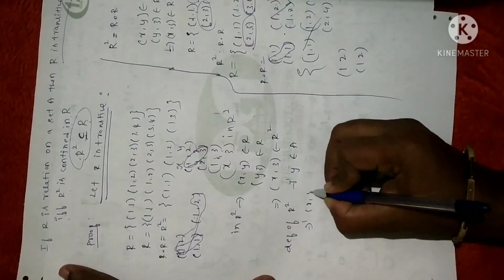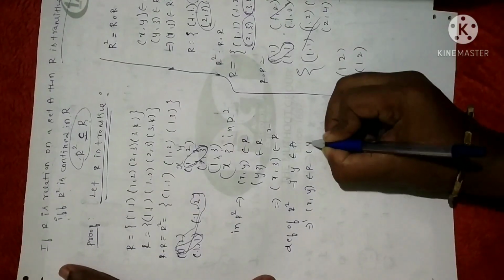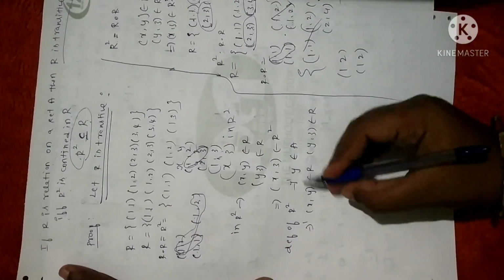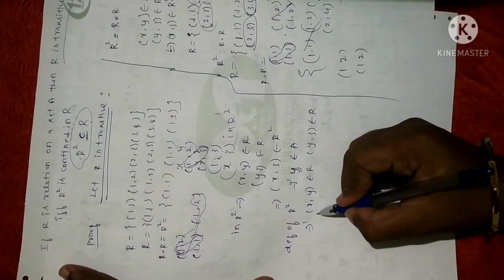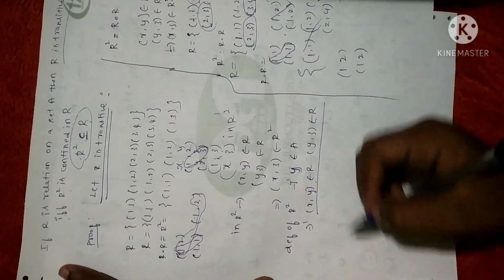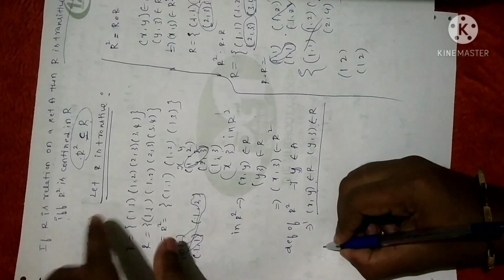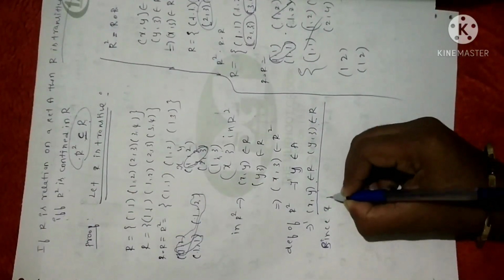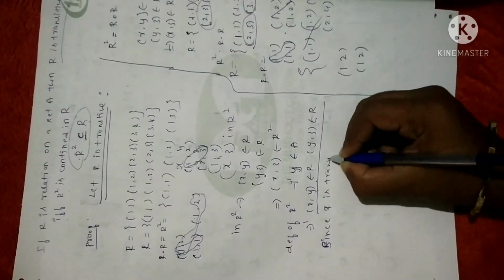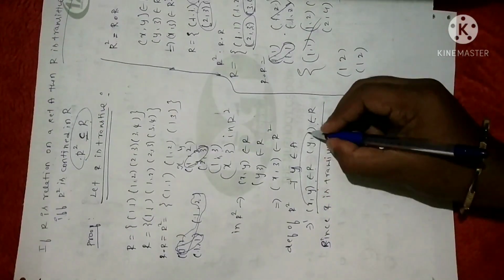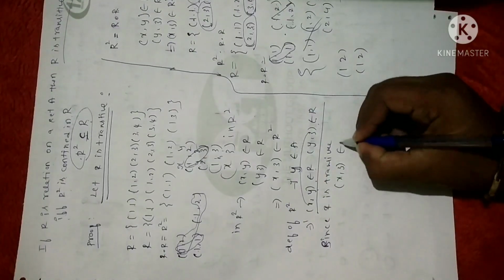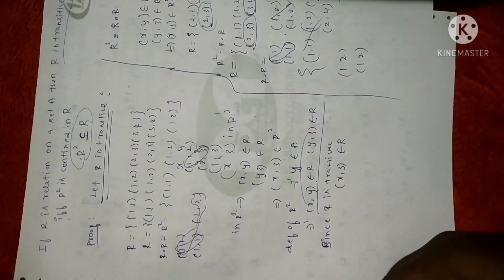Then (x,y) belongs to R and (y,z) belongs to R. Why? Because I have taken one element, then this ordered pair should exist in R. Since I have assumed R is transitive, as per the definition of transitivity, if (x,y) and (y,z) are there, (x,z) should be there. So (x,z) belongs to R, right?